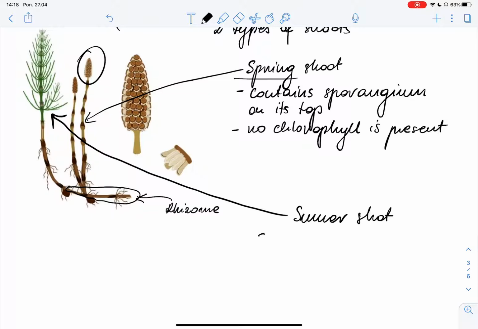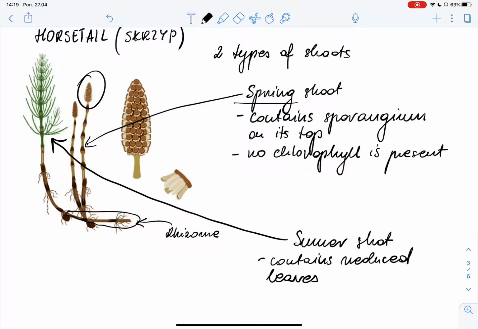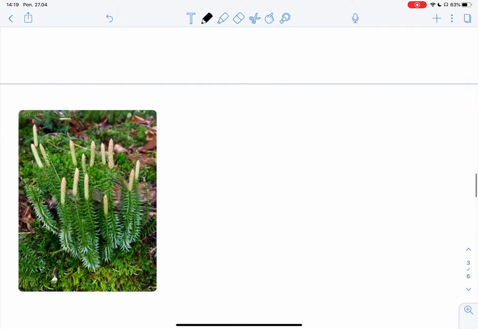It doesn't contain any sporangium, it contains reduced leaves. And in those leaves there is chlorophyll, so photosynthesis can occur, and while it occurs, it creates nutrients that are later being sent down to the rhizome, from which next spring the horsetail will release spring shoots that will release the spores.